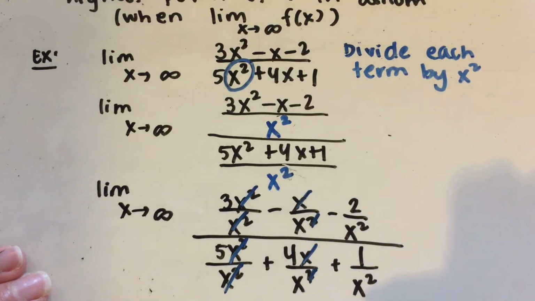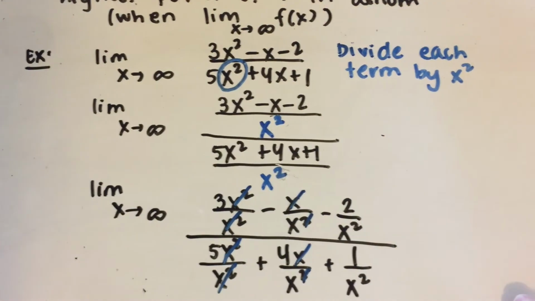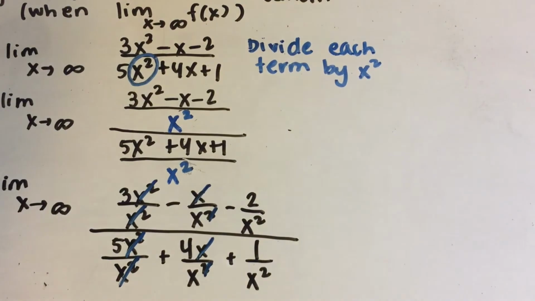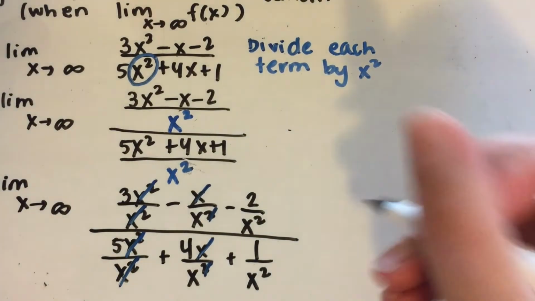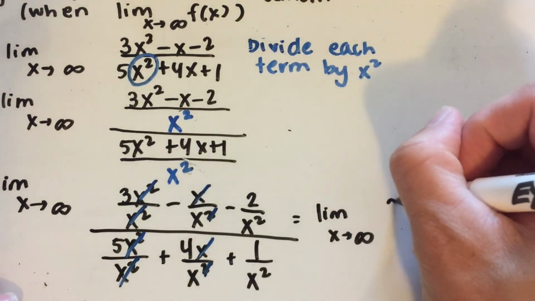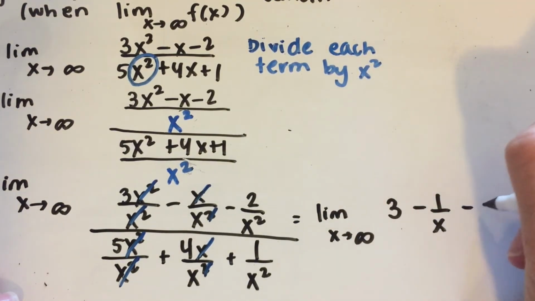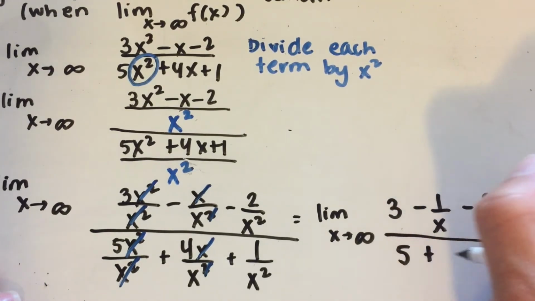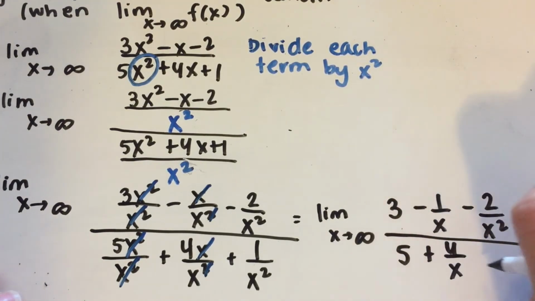This one will be 1 over x squared. So now we have 3 minus 1 over x minus 2 over x squared over 5 plus 4 over x plus 1 over x squared.